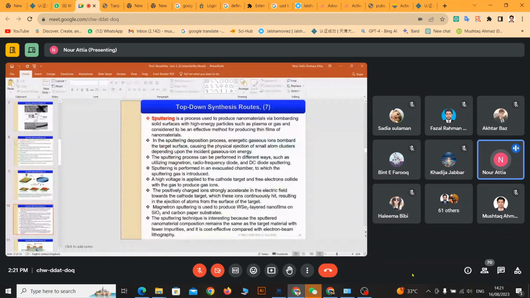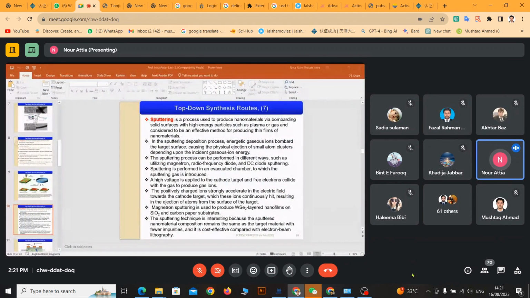The other one is sputtering, and in sputtering you also need a chamber. It is a process producing nanomaterial by bombarding a solid surface. You have a solid surface, any solid surface, especially metal, and you bombard it with plasma or gas, which patterns some nanomaterials that you then collect. Using sputtering you can prepare aluminium and all the metal nanoparticles. But in this case, you need chambers, and the chamber should be vacuum, and that's a crazy issue.